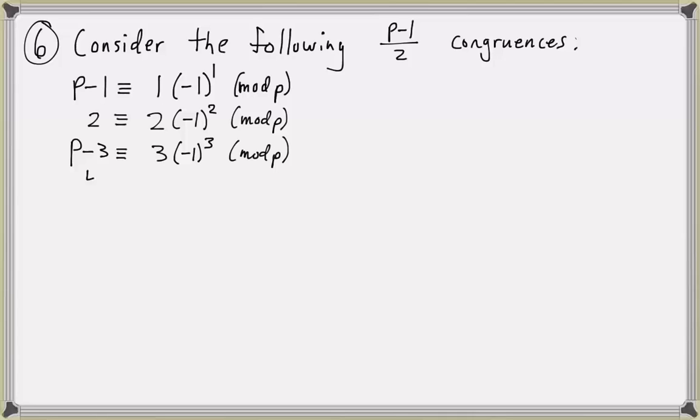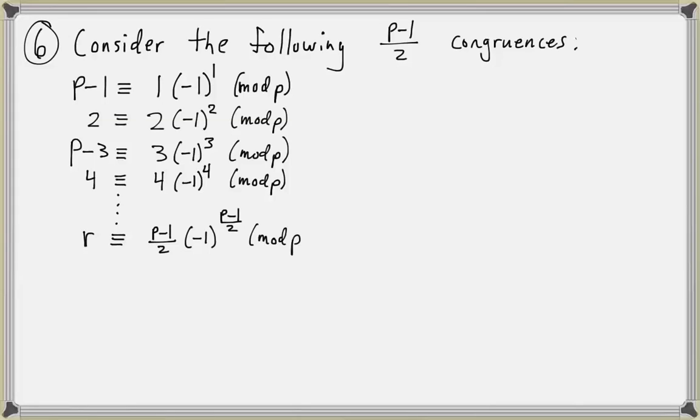Then I have 4. We're going to alternate back and forth between these types of expressions. So 4 is congruent to 4 times negative 1 to the power 4. So the last congruence will be r congruent to (p minus 1)/2 times negative 1 to the (p minus 1)/2 power mod p.